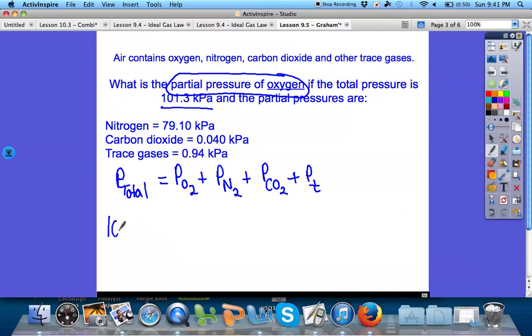So our total pressure is 101.3 kilopascals. So now I'm just plugging things into the equation. We're trying to find the partial pressure of oxygen. The partial pressure of nitrogen is 79.10 kilopascals.